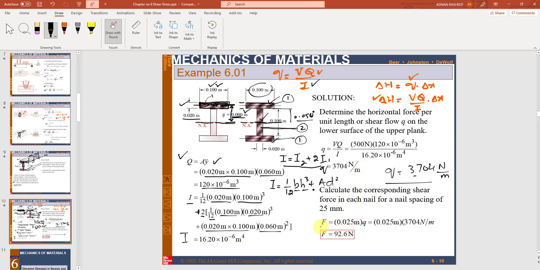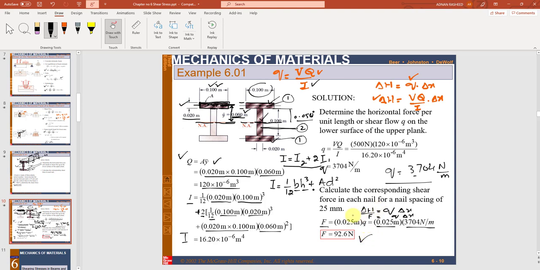Here they have represented horizontal shear force as F, so if we replace delta H with F, F will be equal to q into X. Clear? So q is 3704 Newton per meter, and X is 25 millimeter, which is equal to 0.025. So when you multiply this, horizontal shear force comes out to be 92.6 Newton.